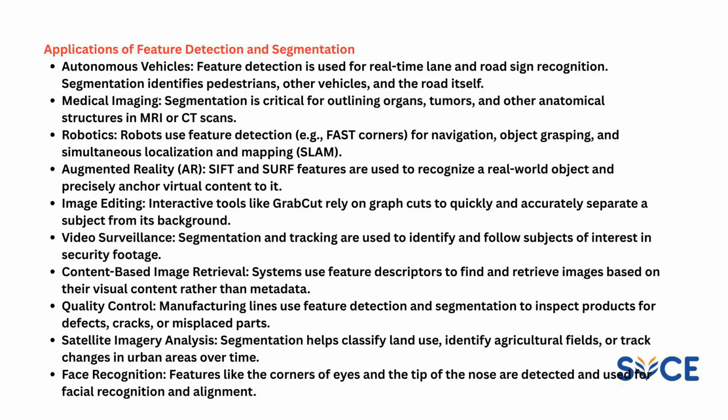So what about the medical images where we are using this? In medicine, segmentation is a lifesaver, as I say. It allows computers to precisely outline the organs, for example in x-rays, the tumors or other anomalous structures in an MRI scan or CT scans.